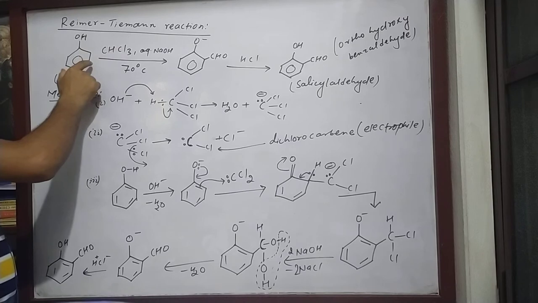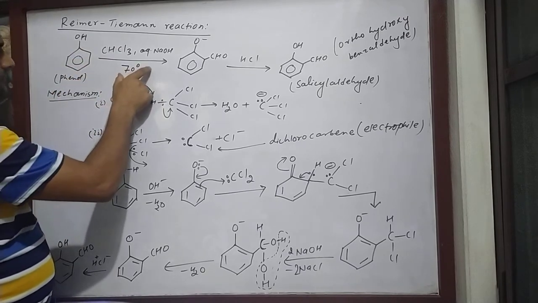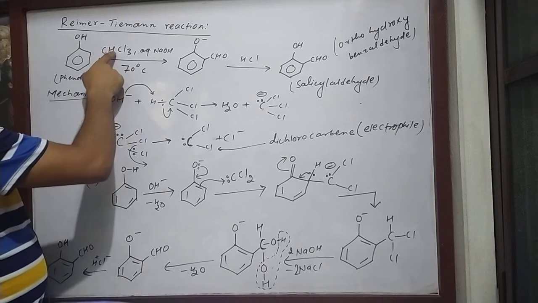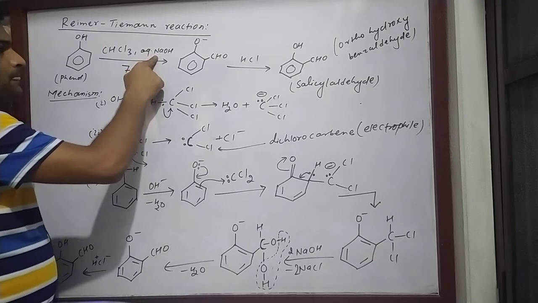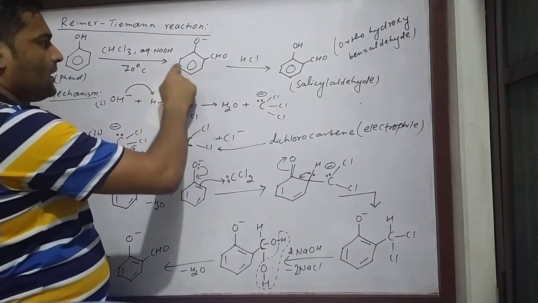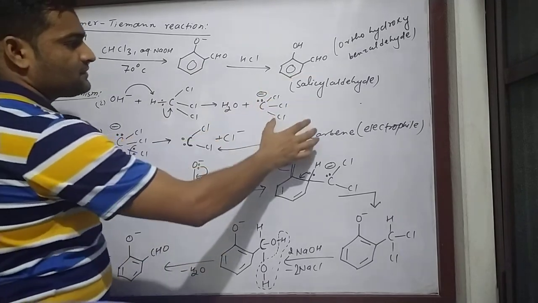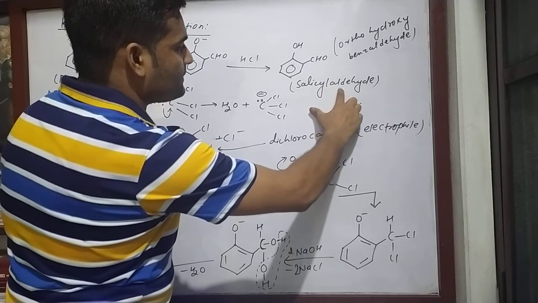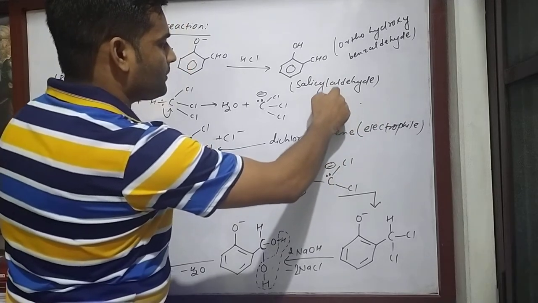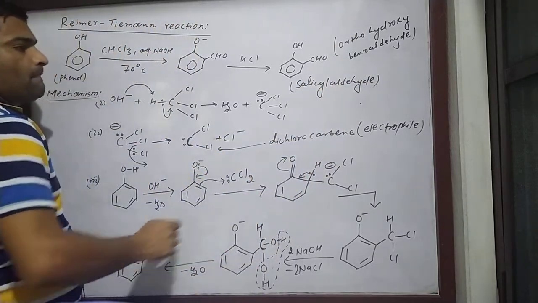In the Reimer-Tiemann reaction, when a phenol molecule is heated at 70 degrees Celsius in the presence of CHCl3, which is chloroform, and aqueous NaOH, followed by acidification, it gives salicylaldehyde, or orthohydroxybenzaldehyde.